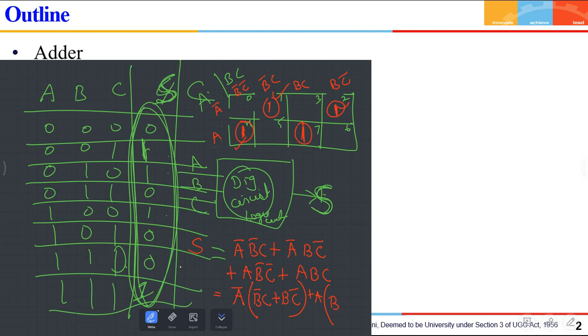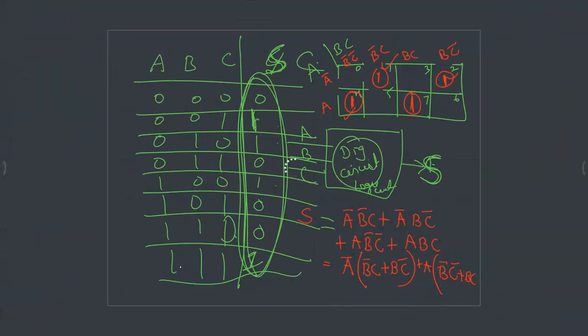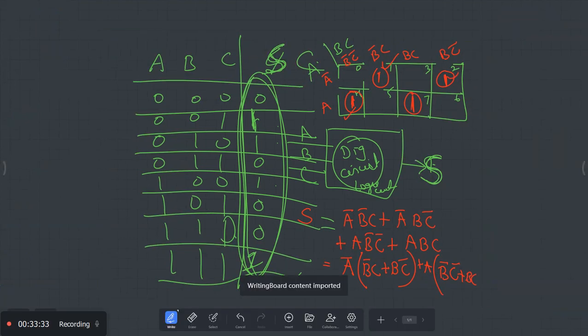You will have B bar C bar plus BC. Is it okay? Have you understood this now? See, I will bring it in the form of an XOR operation. Your sum is equal to, I will bring it to the form of A XOR B XOR C. See how it is possible. Listen carefully.